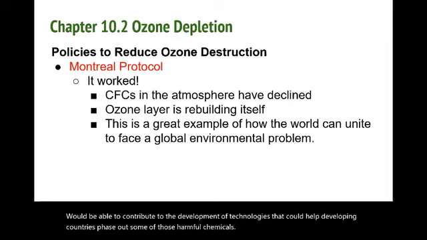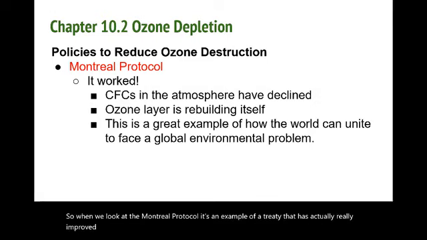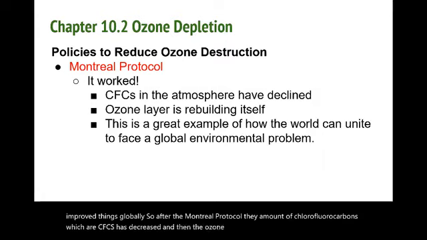So when we look at the Montreal Protocol, it's an example of a treaty that has actually really improved things globally. After the Montreal Protocol, the amount of chlorofluorocarbons, which are CFCs, has decreased, and then the ozone has actually improved.